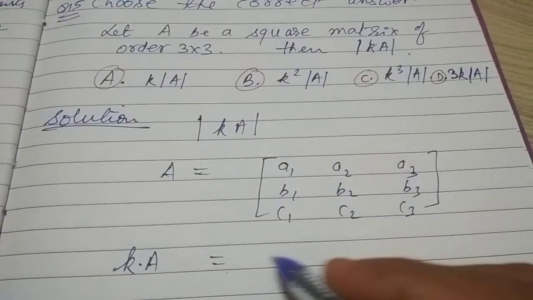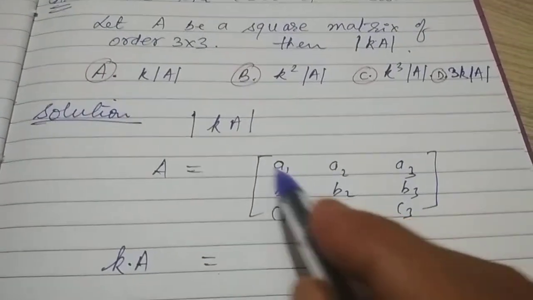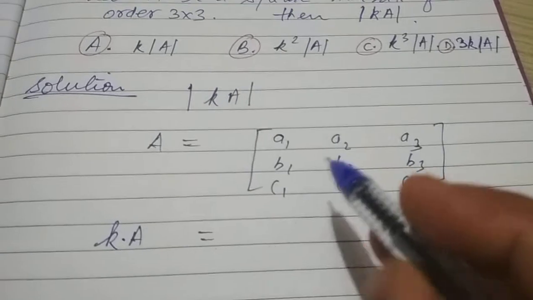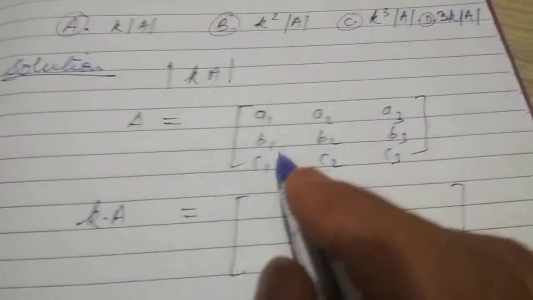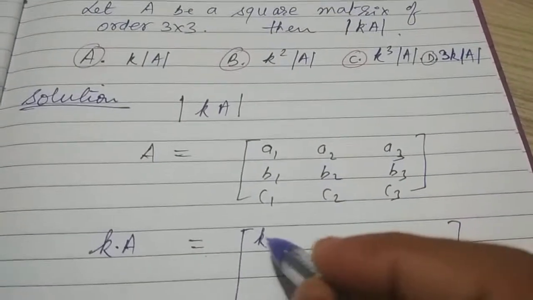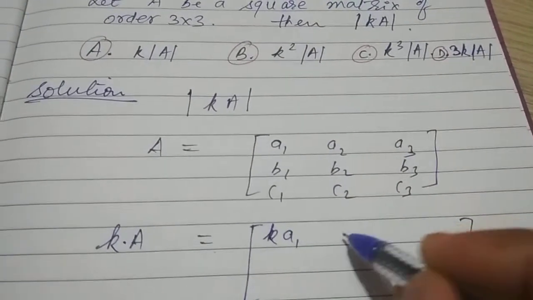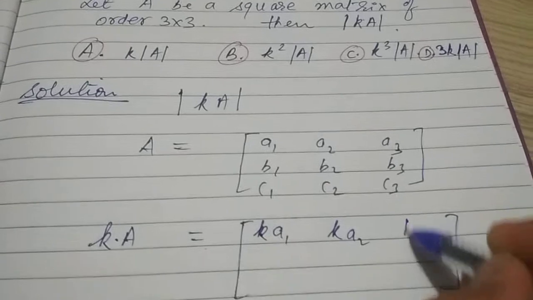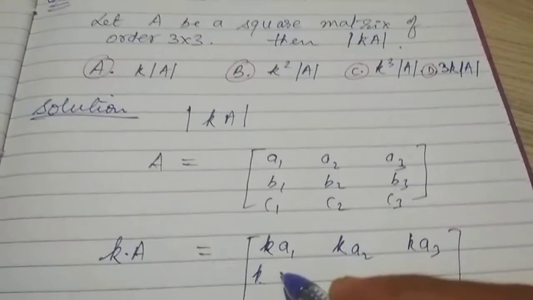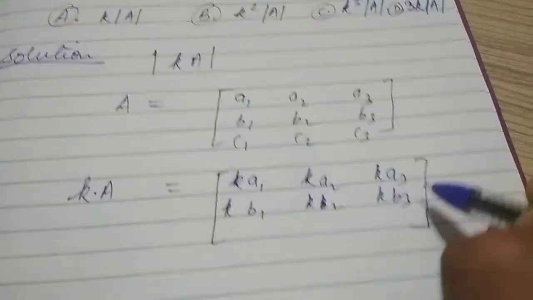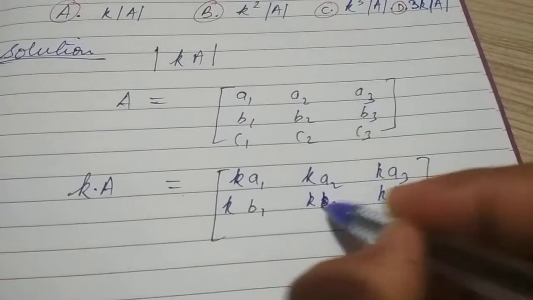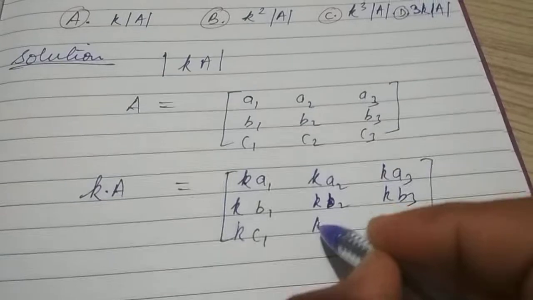It means I am multiplying each and every element of the matrix with k, using scalar multiplication of a matrix with a scalar number. So it is nothing but k times A1, k times A2, k times A3, k times B1, k times B2, k times B3, k times C1, k times C2, k times C3.